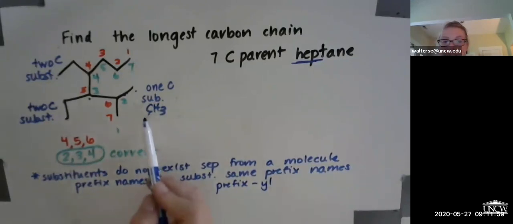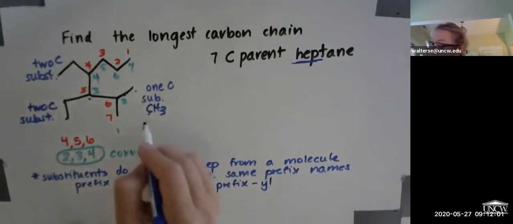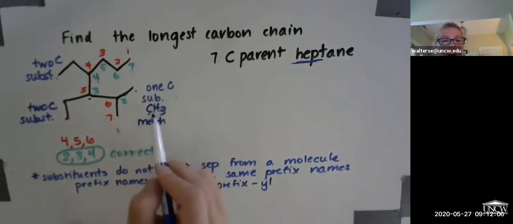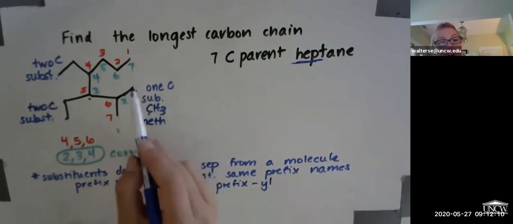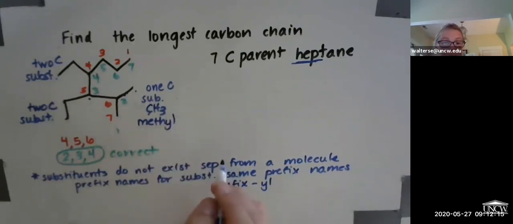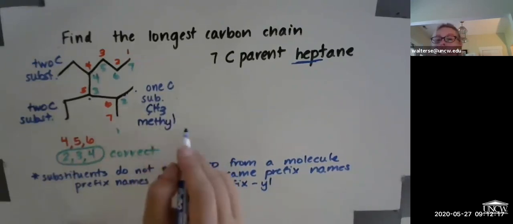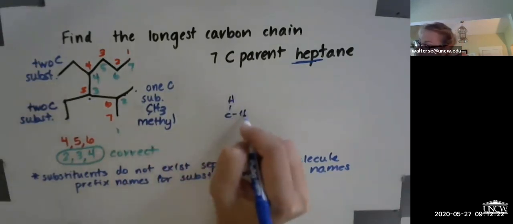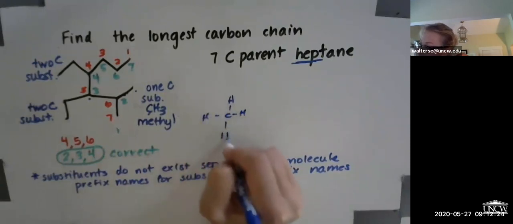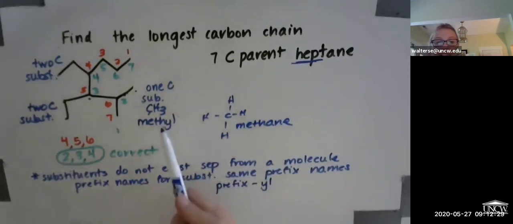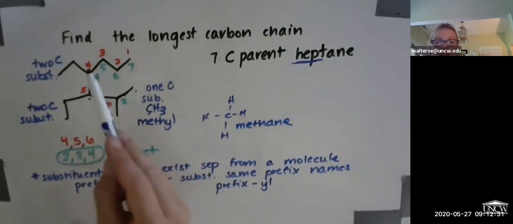So the 1 carbon prefix is meth. Since this 1 carbon group isn't a molecule, but a piece or a branch off of a molecule, it's called a methyl group. Methyl is not the same thing as methane. Methane looks like this. This is an independent molecule. That's methane. Methyl is a piece off of a larger molecule.